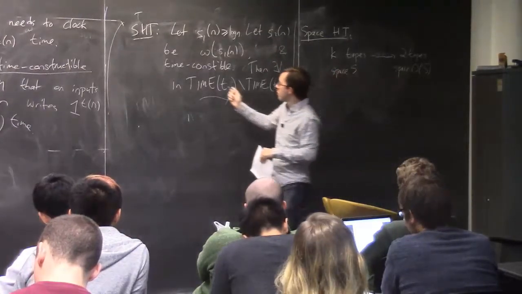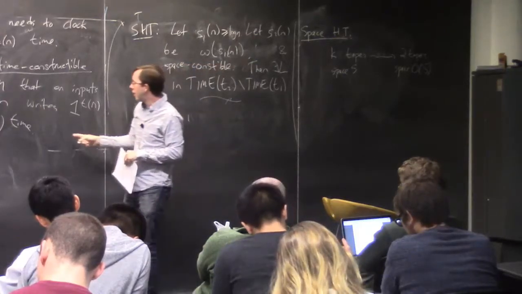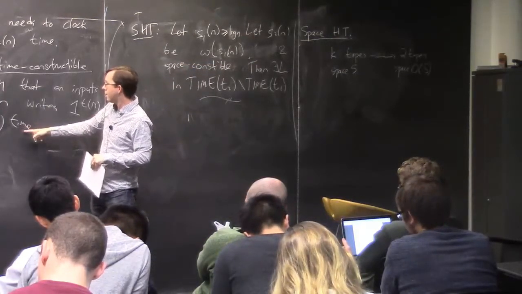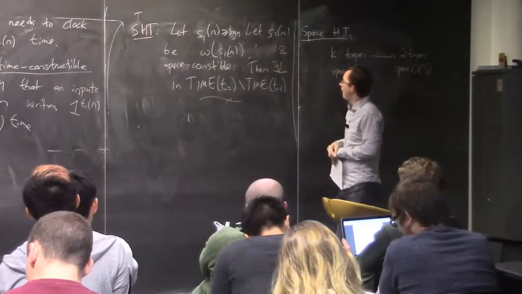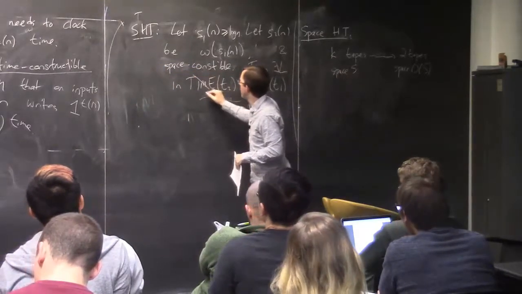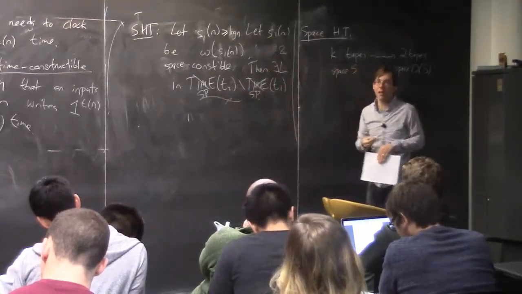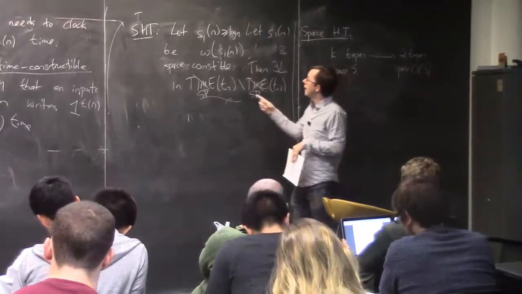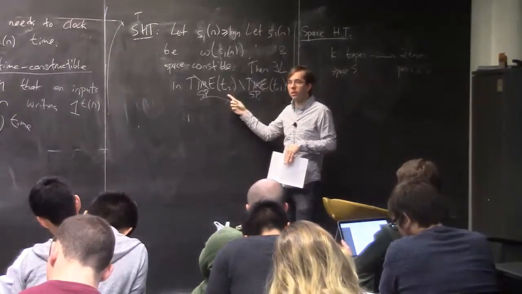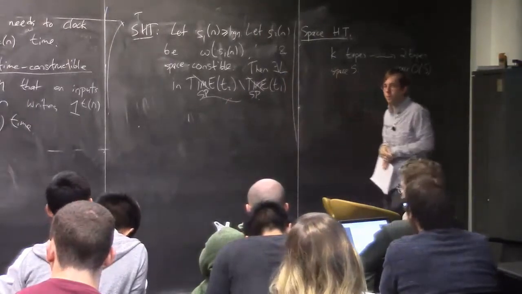And it has to be space constructible, which is the same definition as here, except for space. So the space hierarchy theorem is slightly sharper than the time hierarchy theorem. For any S1 that's little o of S2, there are more languages decidable in space S2 than in space S1.